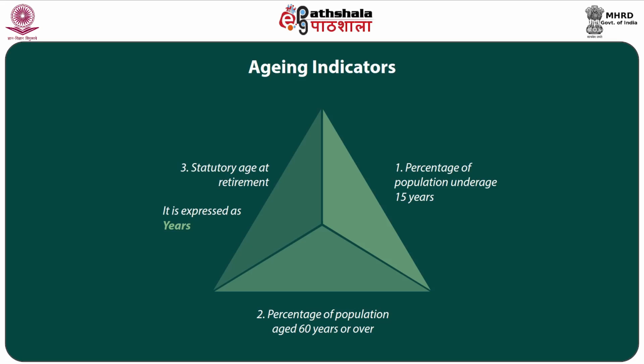It is always expressed in terms of years. For instance, if you say that in India the statutory age of retirement is 60, that means all persons who reach 60 cannot continue to work, and they are also entitled to get benefits such as pension, superannuation, etc.